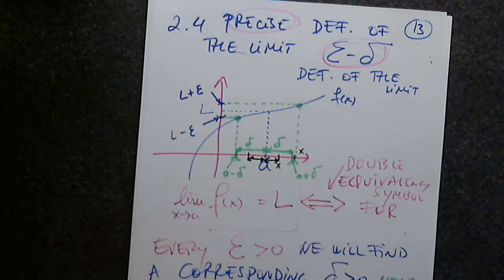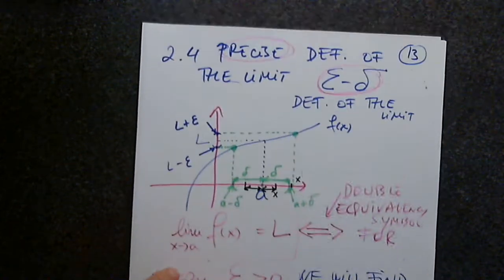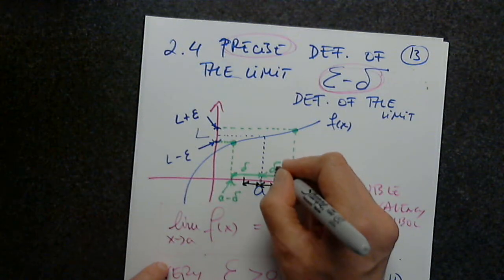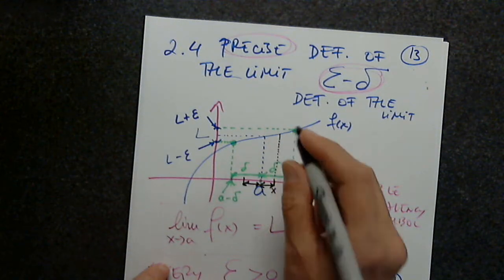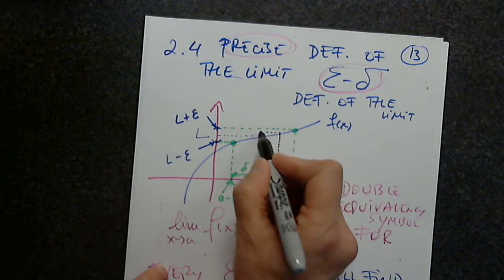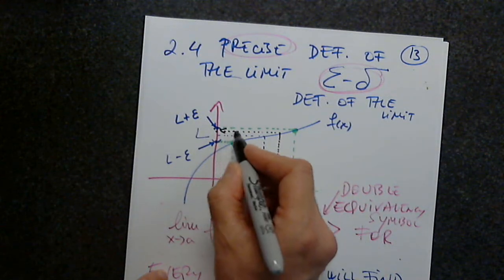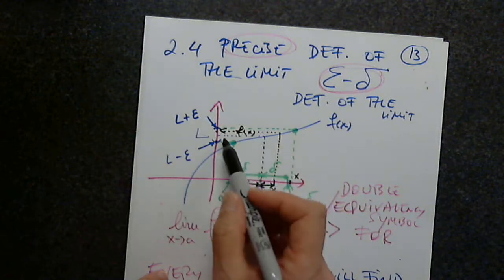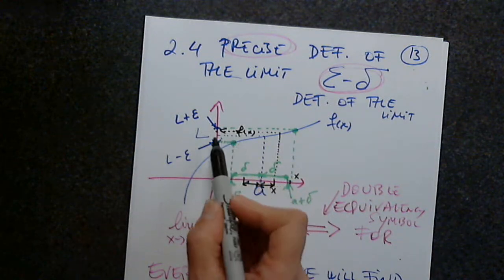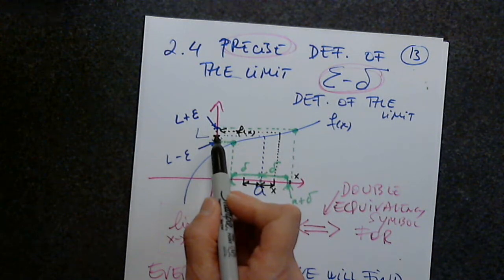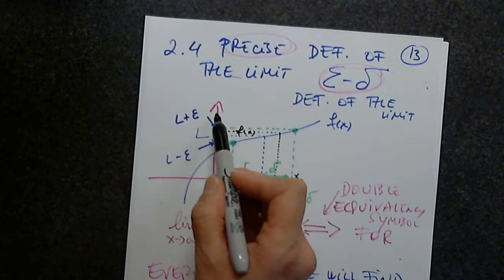So every time I pick x near A, can anyone tell us where the function value will end up? If this is x, this is f of x. Where will it end up? Close to L, not further away than epsilon.